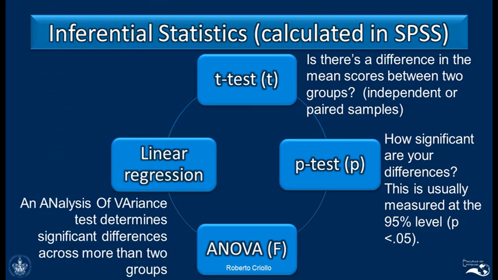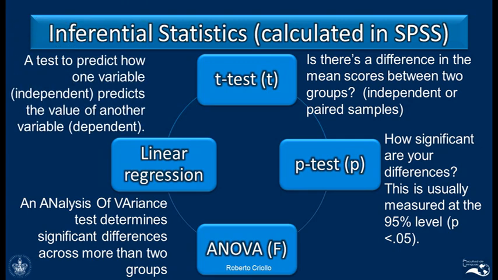An analysis of variance, of course, determines the significant differences across more than two groups. So it is very important to calculate the ANOVA so that we can see where those differences lie in terms of how the treatment was effective at creating a change in the dependent variable.